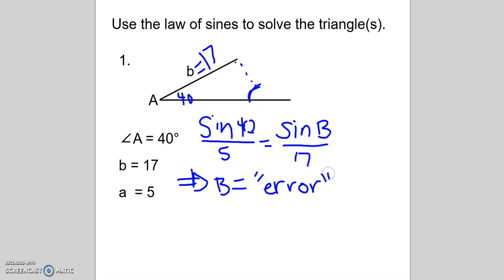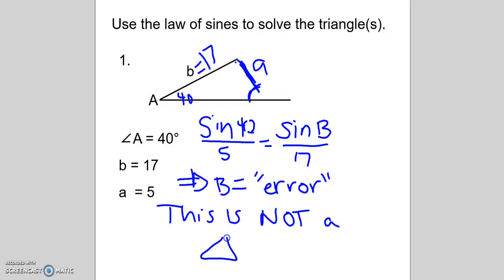So that means that side A over here is not long enough to reach the third side of the triangle. So therefore this is not a triangle. And then we're done. That's all we have to say for this one.